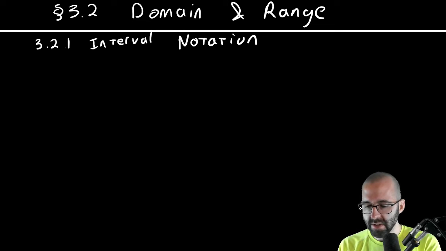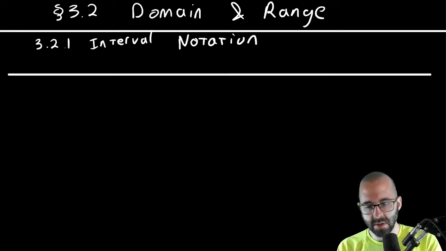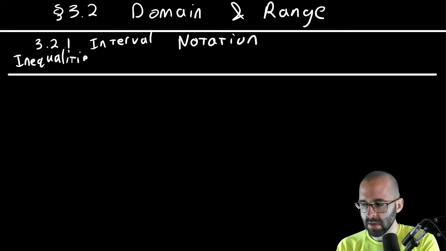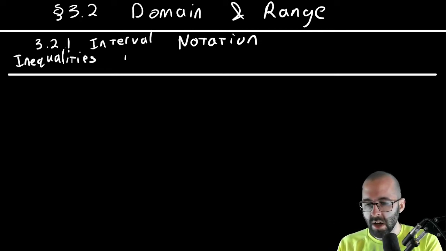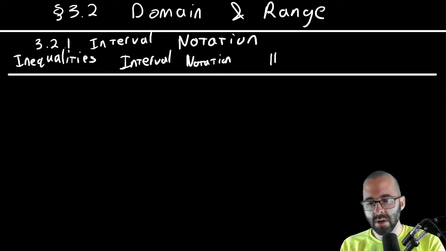So how we're going to begin this is we're just going to make this giant table, okay? And this table is going to have a column of inequalities, a column of how you write that in interval notation, a column for graphing something on a number line, and finally, something that we're going to call set builder notation.